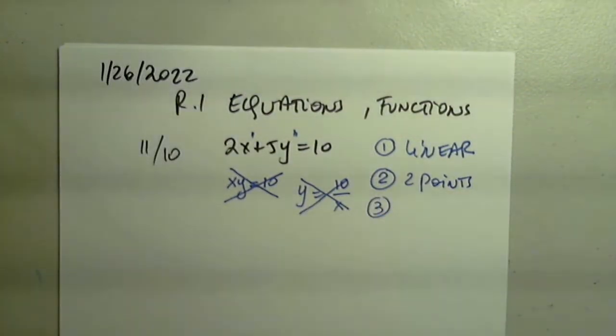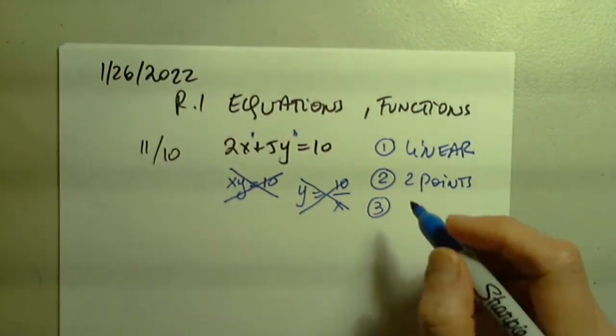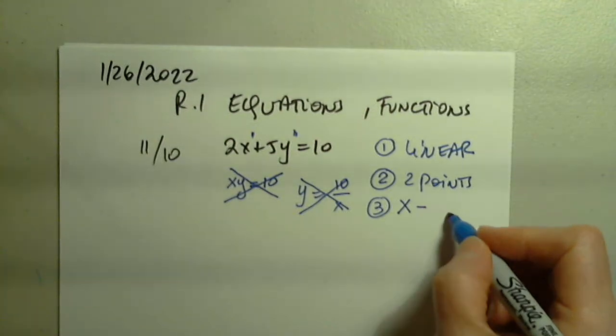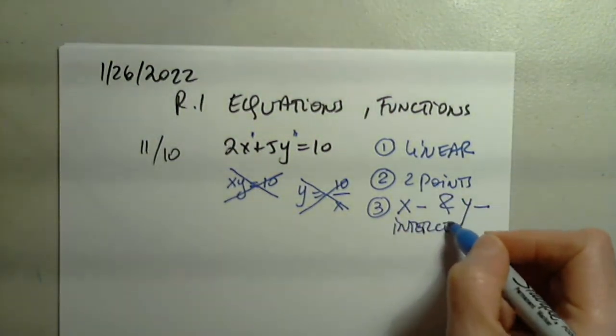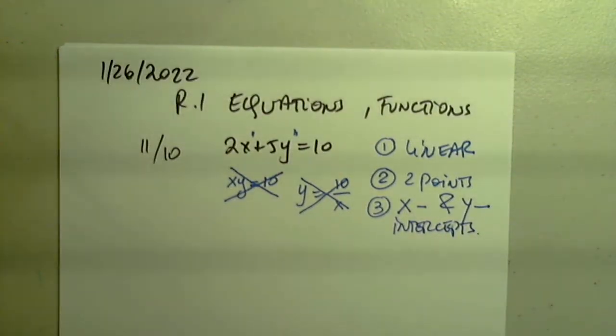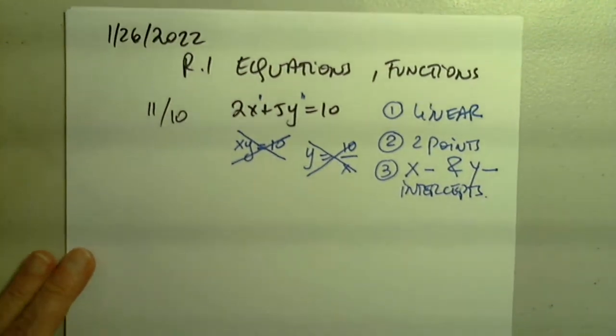Always, number 3, I always try to find the x and y intercepts. They may exist, they may not exist. It depends on the function or equation. But I have to try to find them. Okay, so how do I find the x intercept?